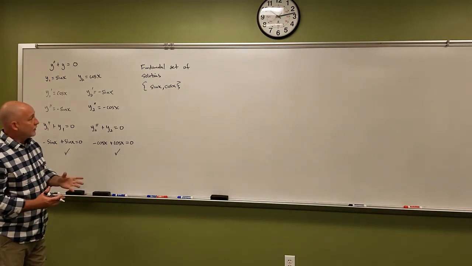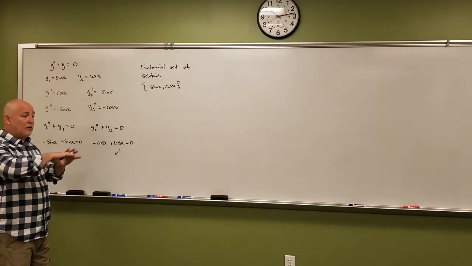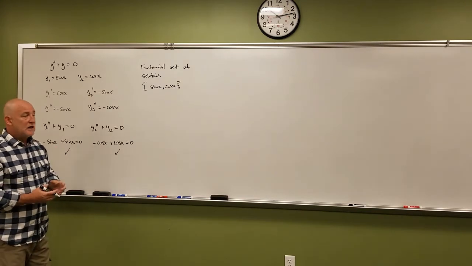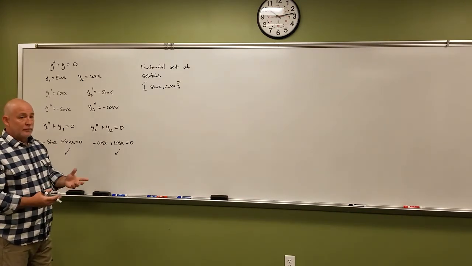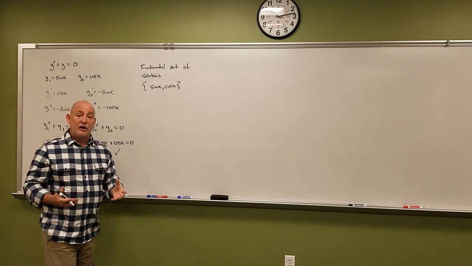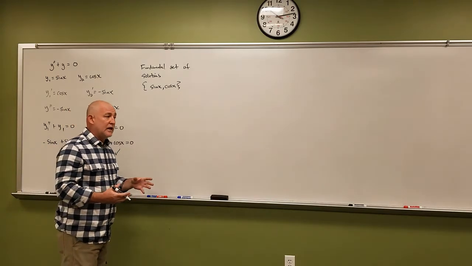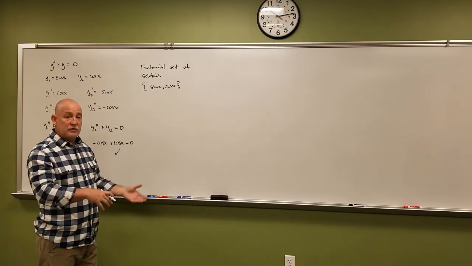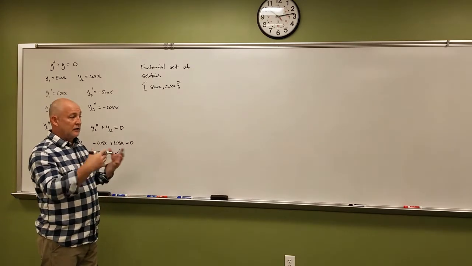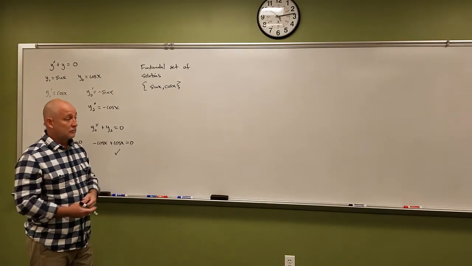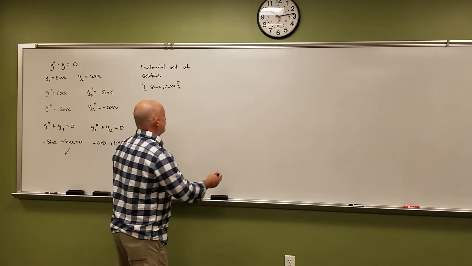Now, a few more things that we're going to need when we're actually comprising our entire solution is the idea of superposition. Scary sound, but really superposition just means that you can put together a bunch of solutions in a linear combination and there's still a solution. Here's the idea.